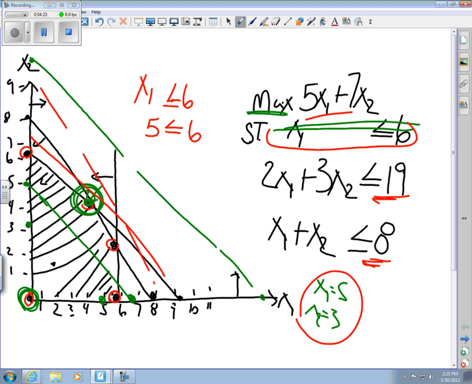So eventually the next binding constraint will include this first constraint, which is x1 must be less than or equal to 6. And that should be intuitive. If I get more material and I get more labor, then eventually I'm going to need to get more of this third resource as well. So that's the concept of binding constraints and slack, and more on those topics as we go through some other examples.